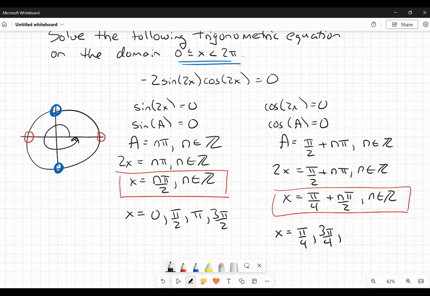If I let n be 2, it's going to be basically pi over 4 plus pi, which is 5 pi over 4. If I add 3 pi over 2 to pi over 4, I'm going to get 7 pi over 4. And if you do that one more time, you'll see right away that the answer you're going to get is too big. Okay, I'm going to add pi over 4 to 2 pi, and that's too big here. So those are all the solutions that I'm going to get.